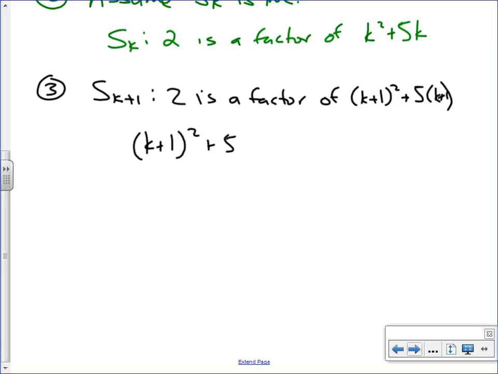If you were to work that all out, (k plus 1) squared is k squared plus 2k plus 1, plus 5k plus 5.